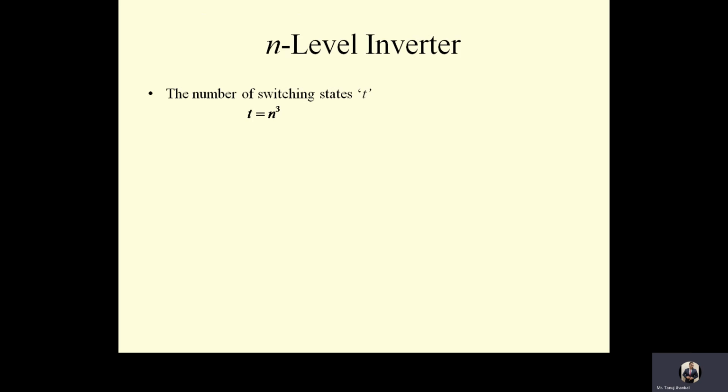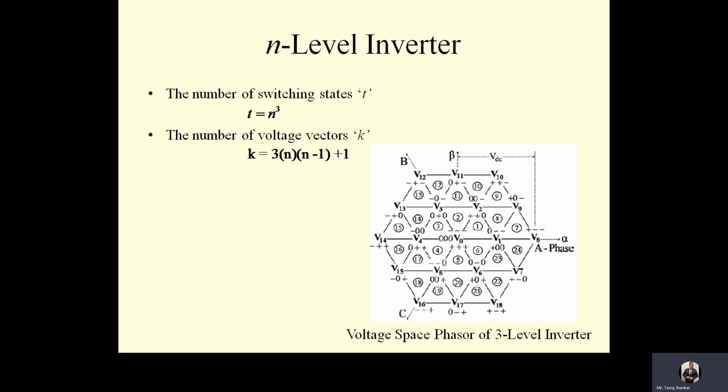And the number of voltage vectors, let it be K, can be determined by the equation K equals 3N minus 1 plus 1. Now let me show you how a 3-level inverter's voltage space phasor structure looks like. This is the voltage space phasor structure for a 3-level inverter.